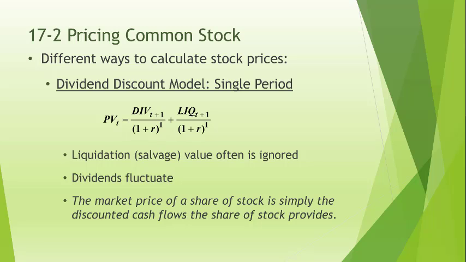So most times what we do is calculate the dividends into the future because we don't know when the actual company is going to liquidate itself. So the market price of a share of stock is simply the discounted cash flows the share of stock provides. So in other words, the share of the profits into the future.